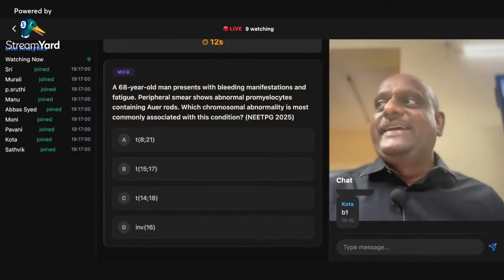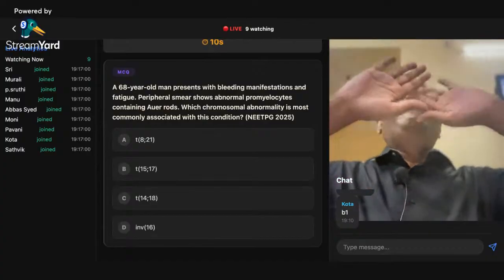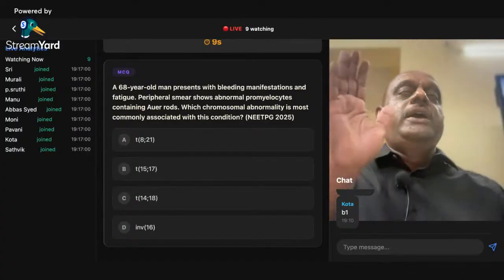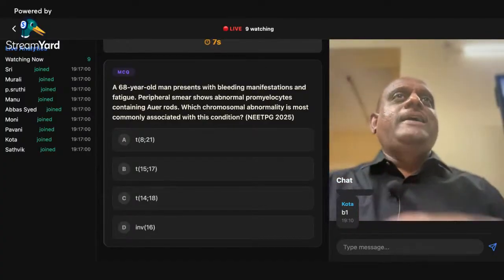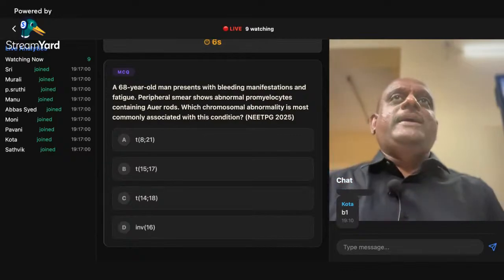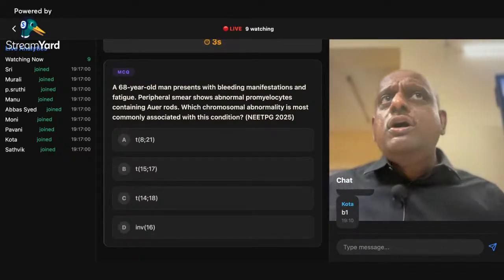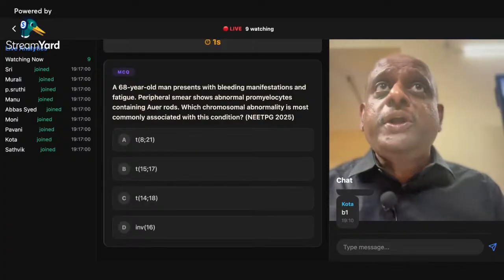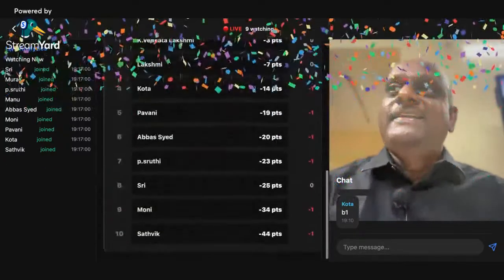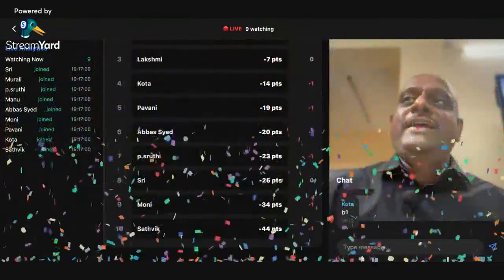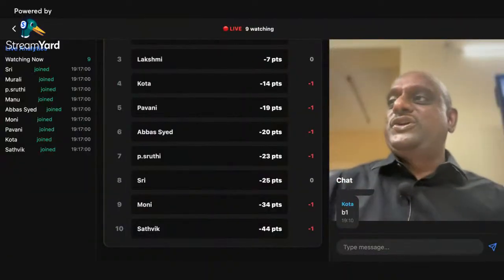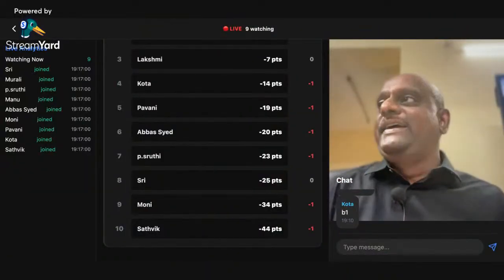So quickly remember, every NEET PG you go, leukemia, lymphoma, leukemia, lymphoma. If some student comes out and says, some question came from leukemia, then they have not gone to the exam itself. So 4 of you rightly answered.